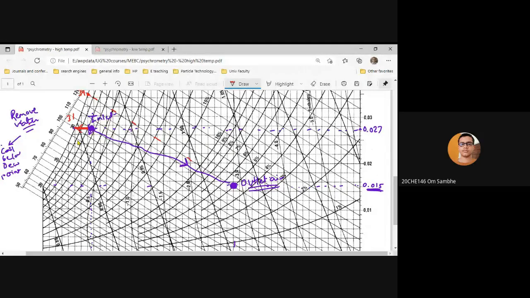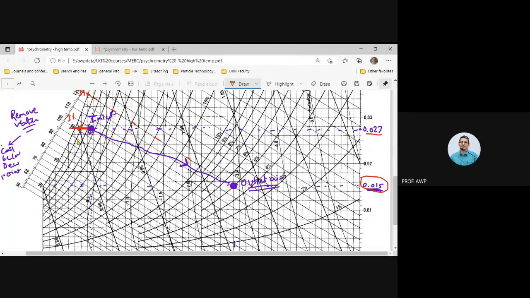Yes, sir. Now the air will become 100% saturated at 30 degrees centigrade, but it will have a humidity of 0.027, isn't it? I don't want that humidity. I want 0.015. So that means I have to cool.